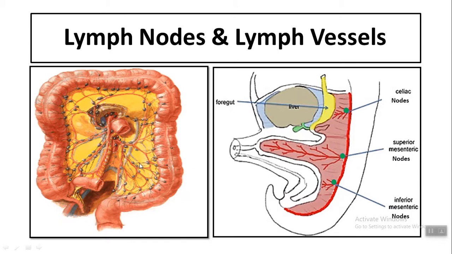Here we have a different set of lymph nodes, from the wall of the intestine to those that lie in the mesocolon, and lastly until it reaches the original lymph nodes around the origin of these arteries, the main arteries of the gut.